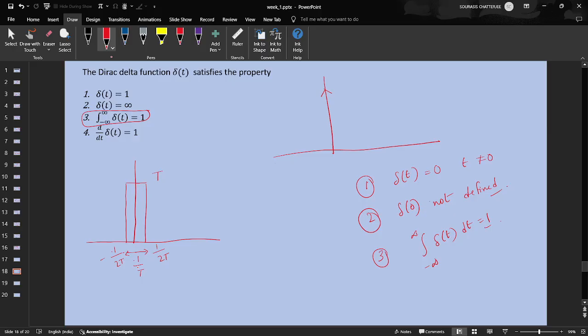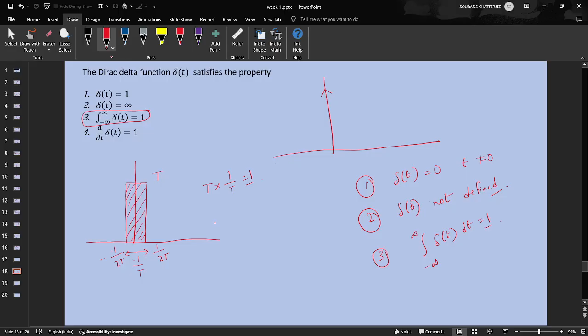So the width becomes 1 over T and the height becomes capital T. When you consider the area of the pulse, it turns out to be T times 1 over T, which is 1.